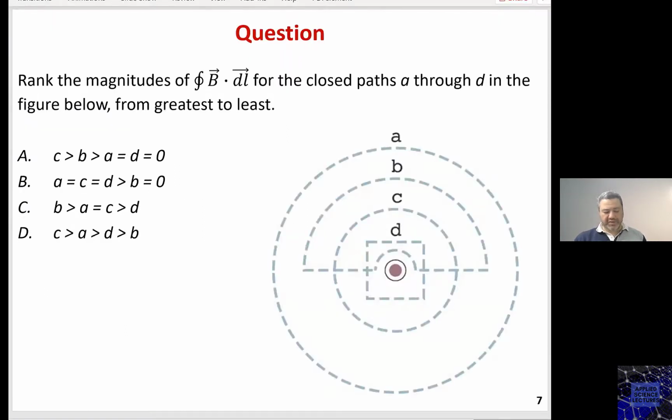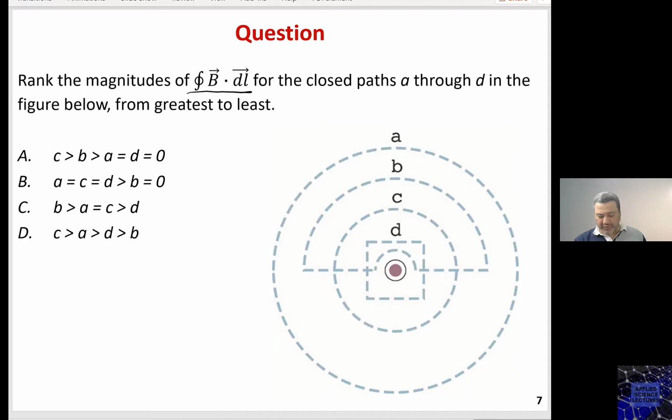Now let's look at this example. In this example, we have one, two, three, four closed paths. We need to rank them in terms of the magnitude for those paths from greatest to smallest.